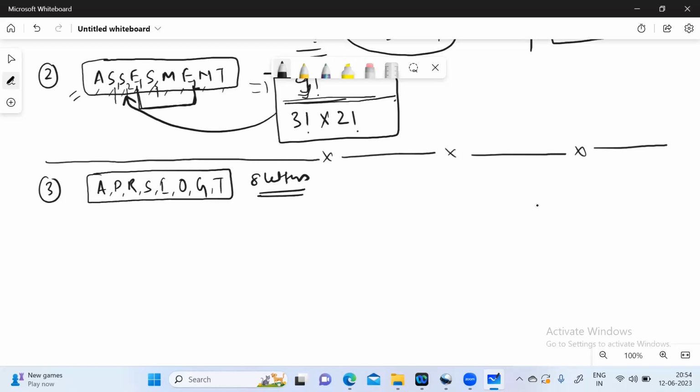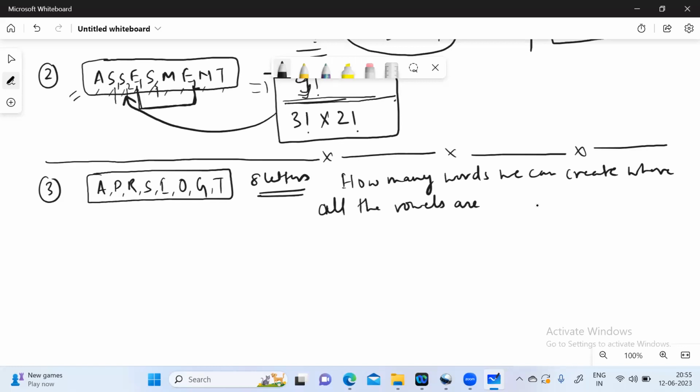And the question is, how many words can we create where all the vowels are together?